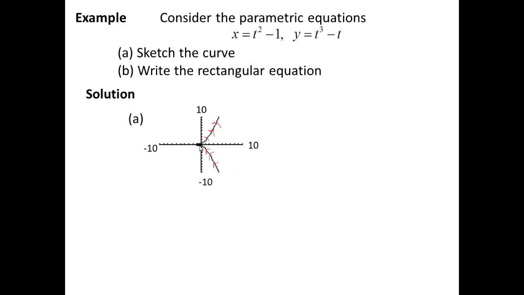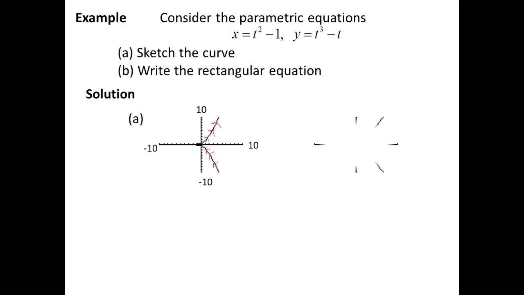I have a little trouble seeing exactly what's happening right here. So I'm going to redraw the graph with my graphing calculator, but I'm not going to use such a large viewing window. I'm going to make a smaller viewing window so I can see what in the world is happening right here.